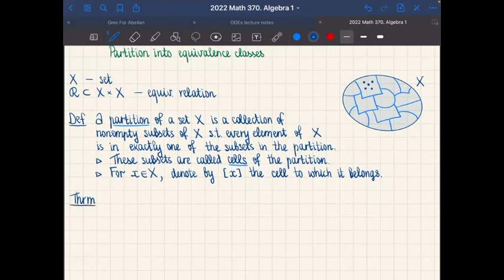The first theorem that we're going to prove is that for a fixed set X, an equivalence relation yields a partition of the set.